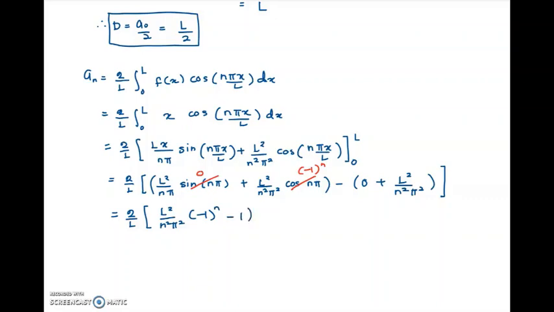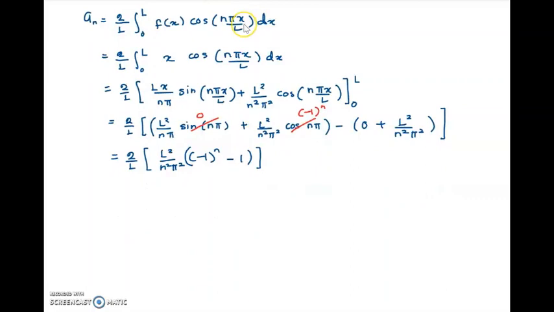So basically I can factor out the L square over n square pi square. Furthermore we can simplify this L and this L, so we have 2L. So therefore, our final answer, put things together.